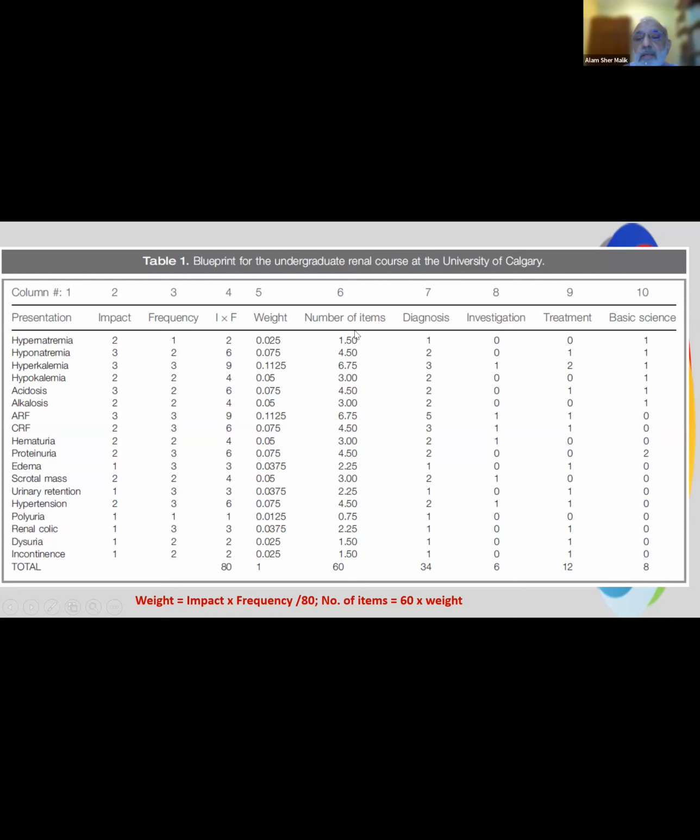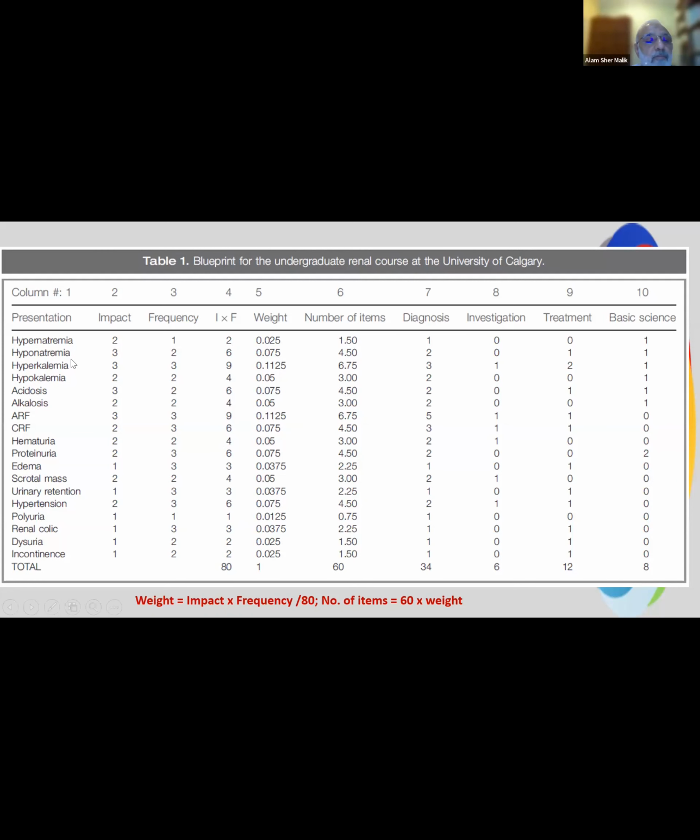So we can round that up, okay, there should be 1.5 items, so we can convert it to either 1 or 2. In this way, it gives us an idea of how many questions on that topic should be used.